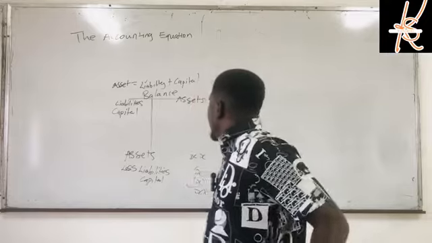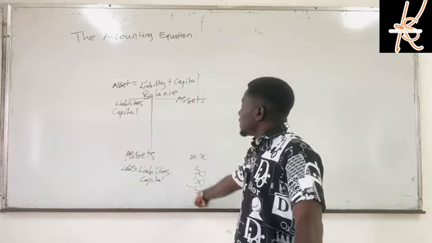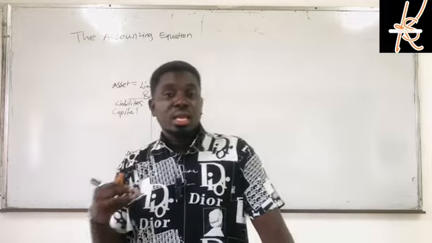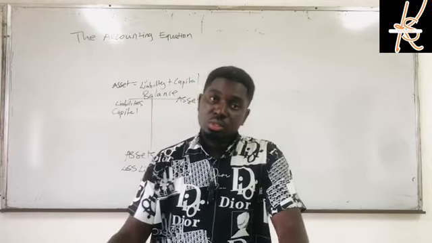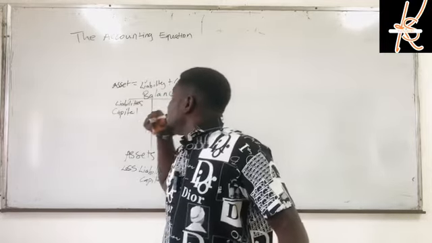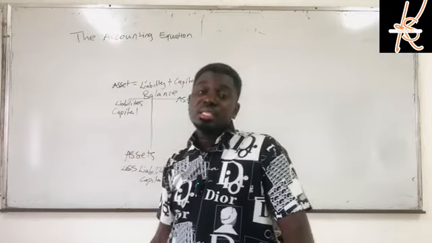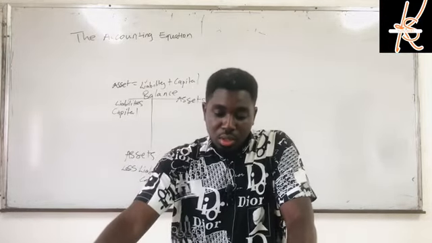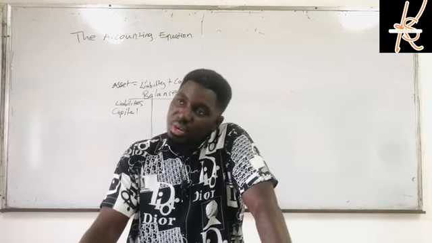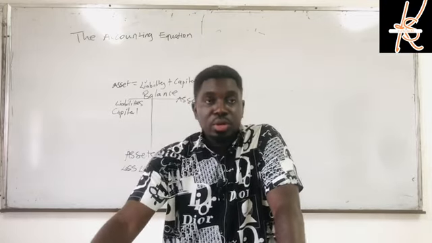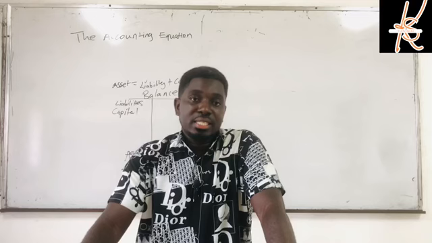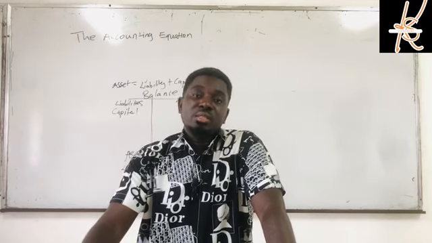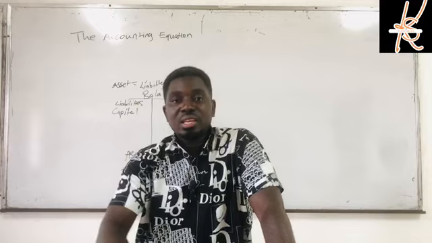So this is the balance sheet equation, the accounting equation. Assets is equal to liabilities plus capital. Thank you. So you want to know the relationship between asset, liability, and capital, and the balance sheet.